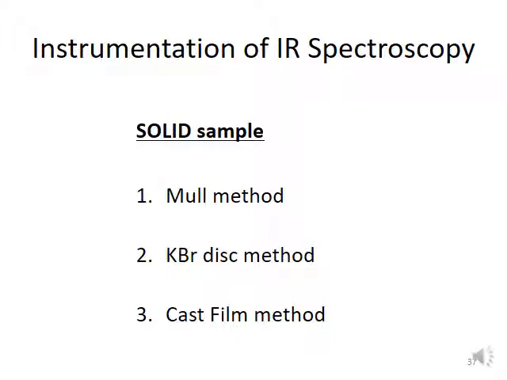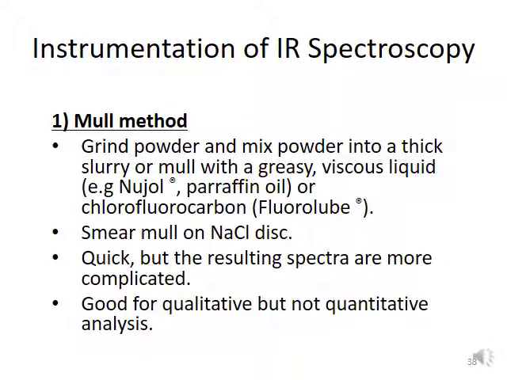Next, for the solid sample, we have three different methods. The first one is the mull method, the second one is the potassium bromide disc method, and the third one is the cast film method. For the first method, the mull method, the sample powder is ground until it becomes a thick slurry.